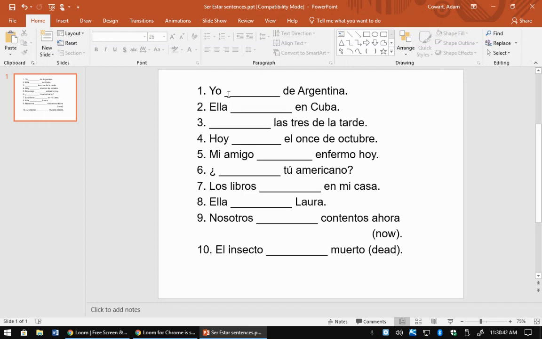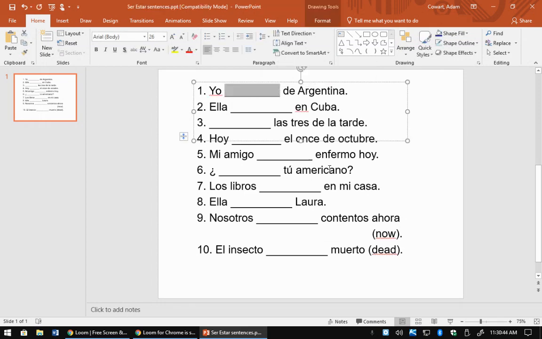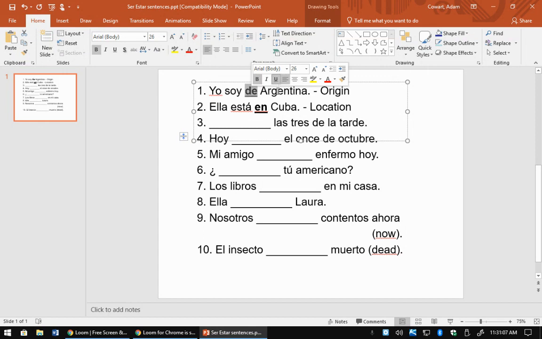Okay. So the first one, the answer is yo soy de Argentina. The reason, this is an origin. All right. Next one. Ella está en Cuba. This is a location. She is in Cuba. This is the difference between a right and wrong answer. So is this.